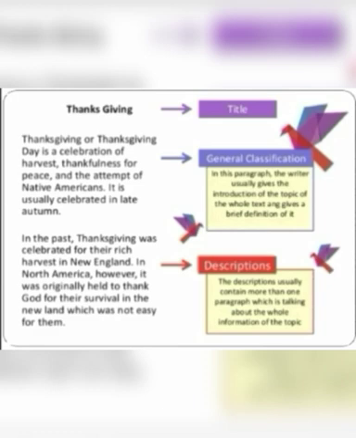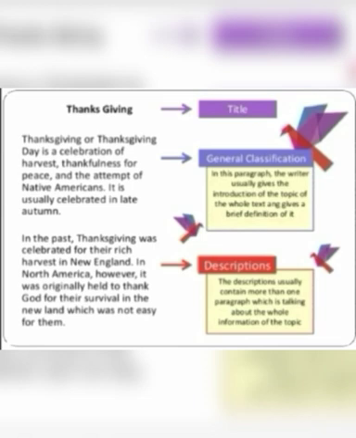And the last in here, there is description. The description usually contains more than one paragraph. It can be 2, 3, or 4 paragraphs, which talk about the whole information of the topic. For example, in the past, Thanksgiving was celebrated for their rich harvest in New England.